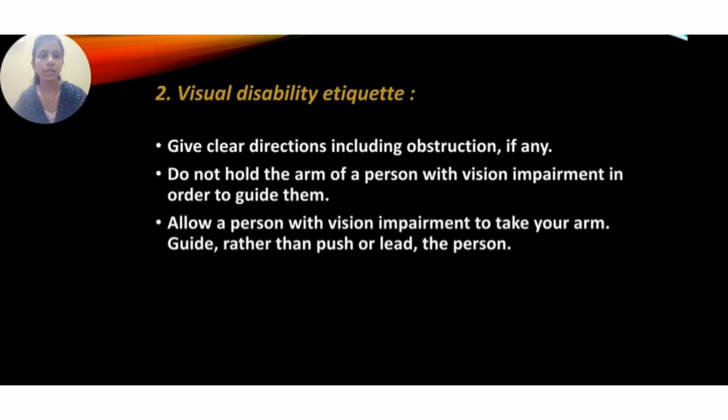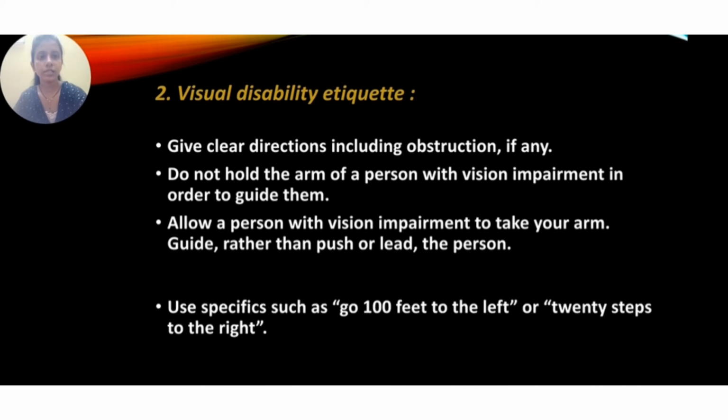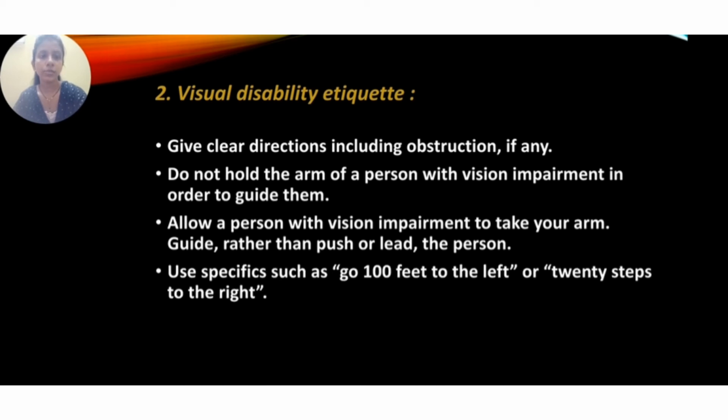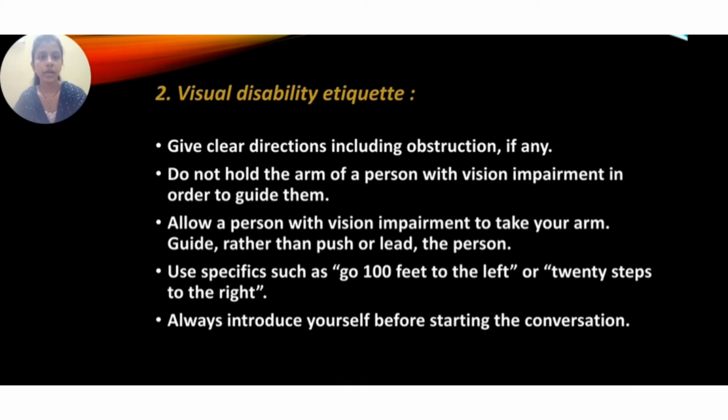Allow a person with vision impairment to take your arm as a guide rather than push or lead the person. Use specifics such as go 100 feet to the left or 20 steps to the right. Always introduce yourself before starting the conversation.